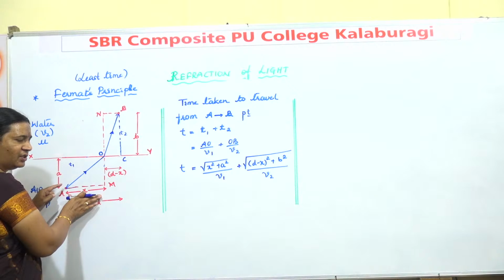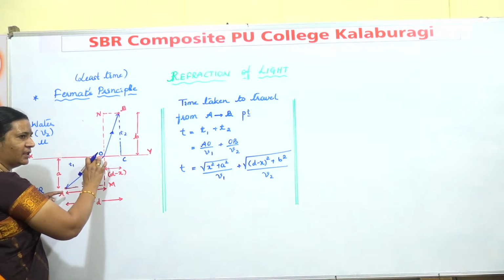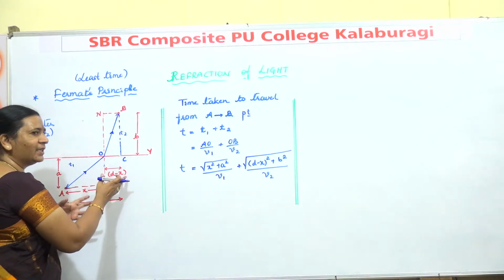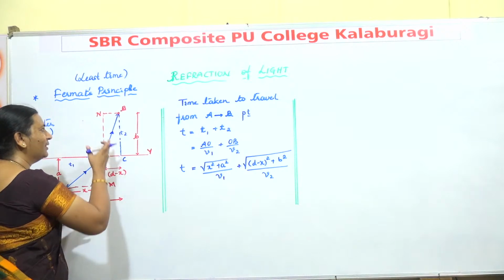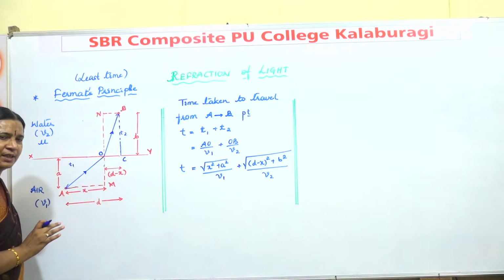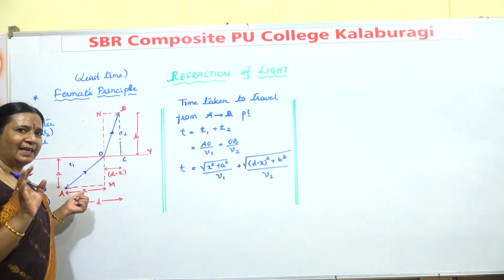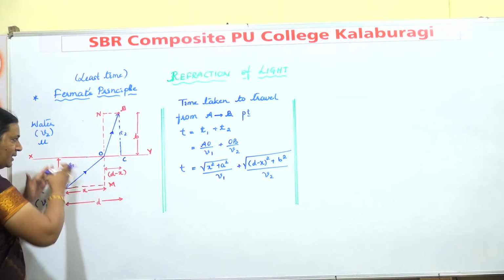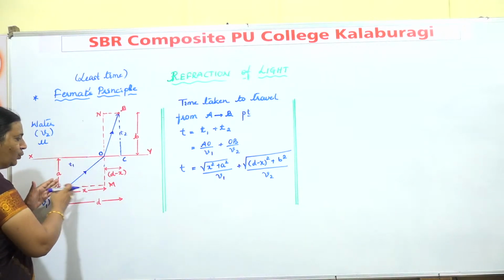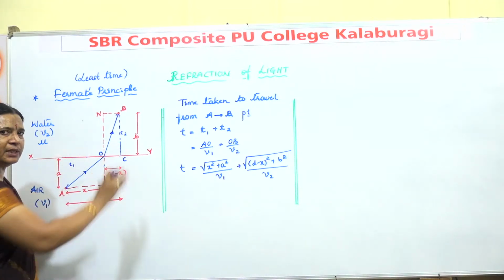this x changes and according to x your AO changes. And according to x, D minus x changes, and according to that your OB changes. So all that depends mainly on x, at what distance along this surface the light is going to be incident.